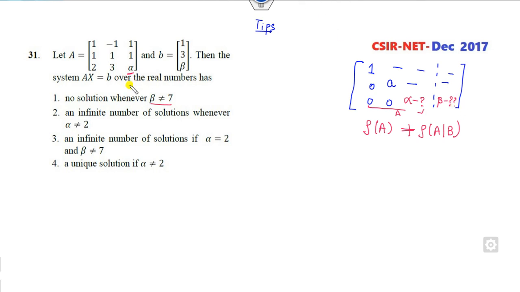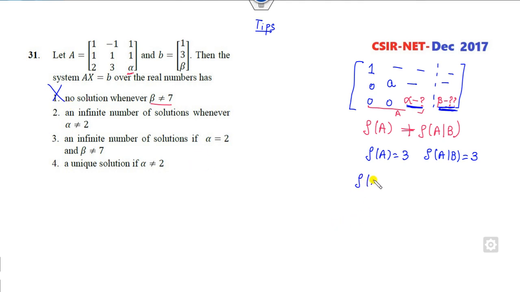Now look at that. No solution means the ranks are not the same. If he says beta is not 7, there is no restriction on alpha. So what is the rank of this? This is 3. If this value is not equal to 7, then what will be the rank of A|B? It will still be 3, because it still has a pivot element, but in that case it will not be no solution. So this option is cancelled.